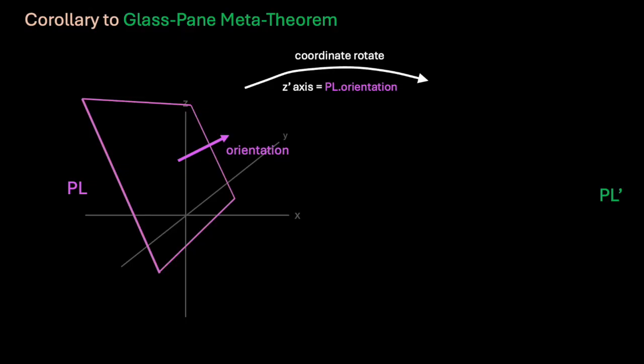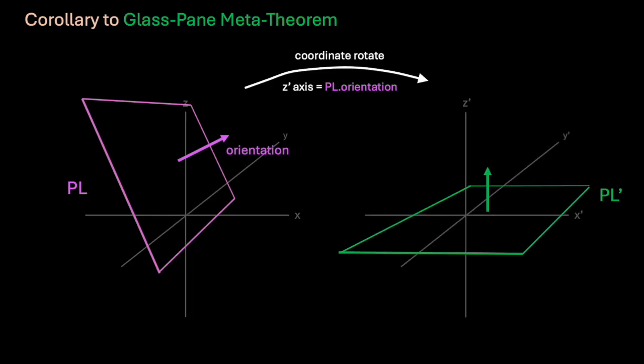We know that we can orchestrate a coordinate rotate, and if we define the new z-axis of that rotate using the plane's orientation, then after the coordinate rotate, the plane prime's orientation has to point straight up the z prime axis. Why?